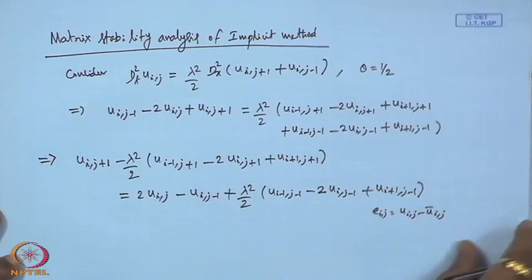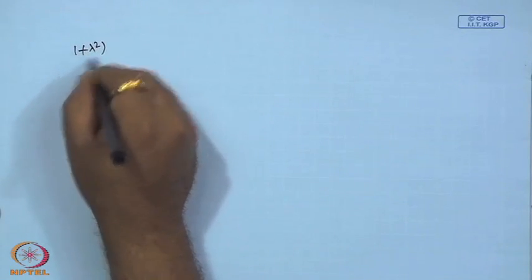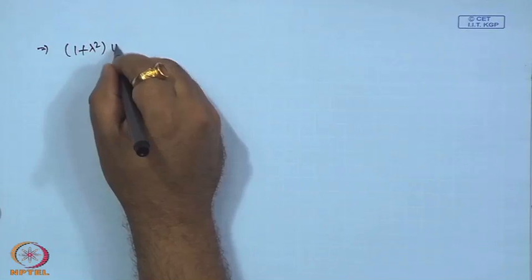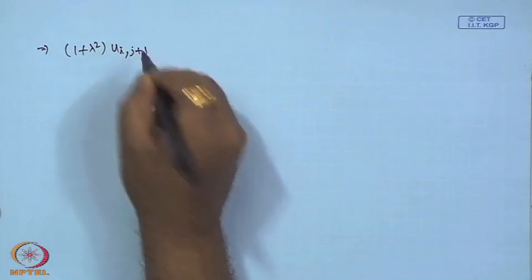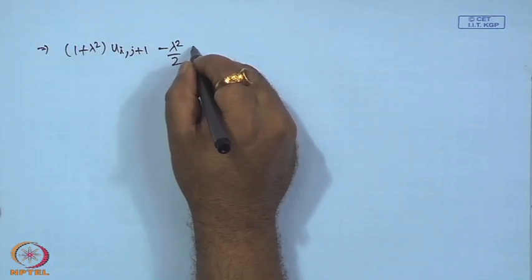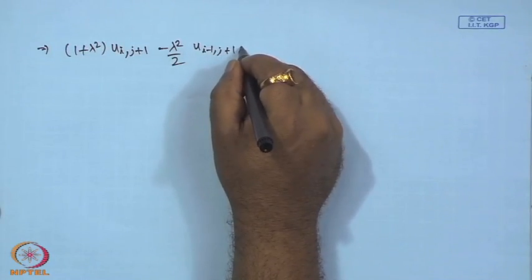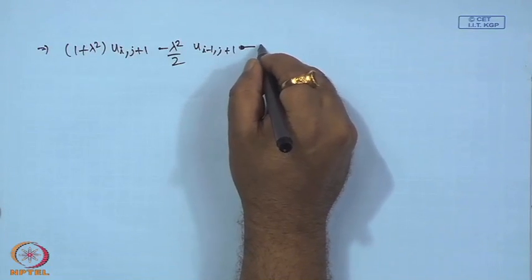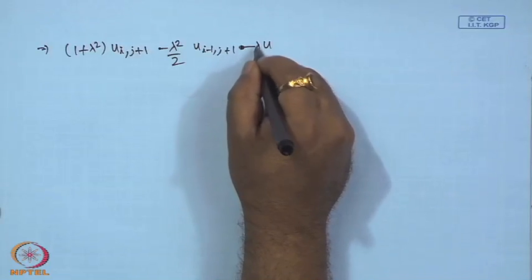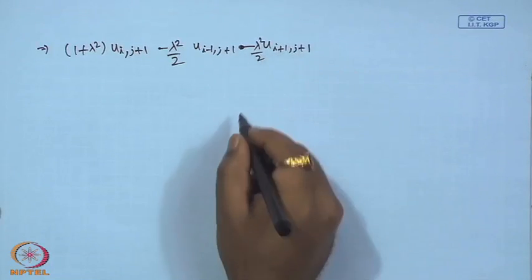Okay. So, let us do a little finer. So, this will be 1 plus lambda square u I j plus 1 minus lambda square by 2 u I minus 1 j plus 1 minus u I plus 1 j plus 1.